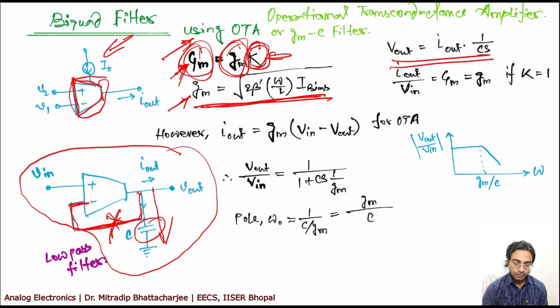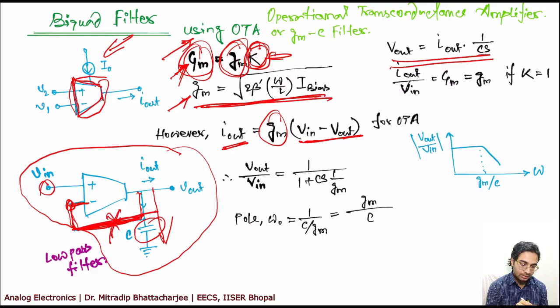Similarly, your I out will be nothing but GM into the differential input. The differential input is V in minus V out, because this is shorted. So V in minus V out into GM will be your I out for the OTA, because it is an operational transconductance amplifier.